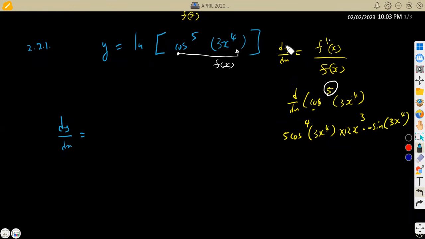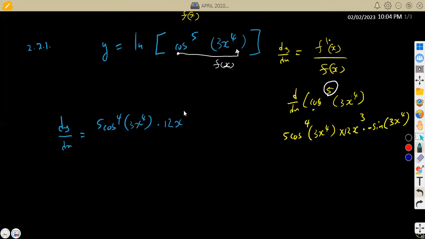Remember, we say the derivative for ln is the first derivative, which is this first derivative that we got of 5 cos to the exponent of 4, 3x to the exponent of 4, then multiplied by 12. This is actually a multiplication that you are given in this case.